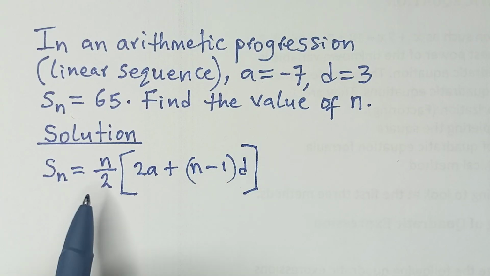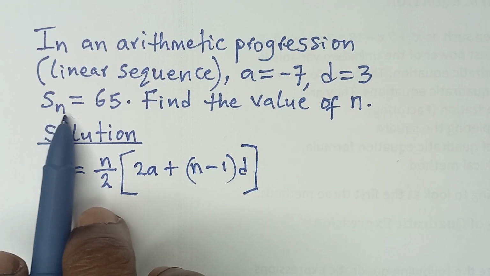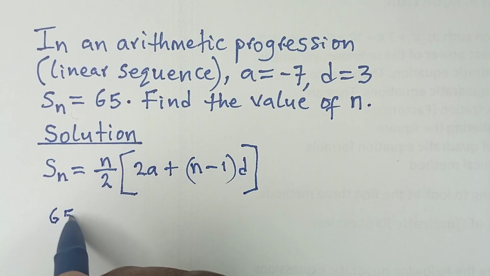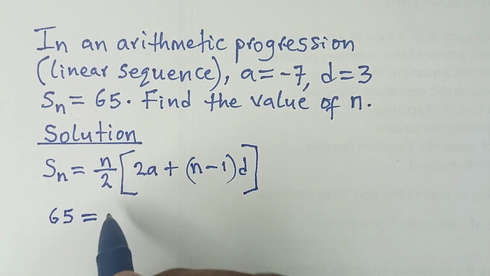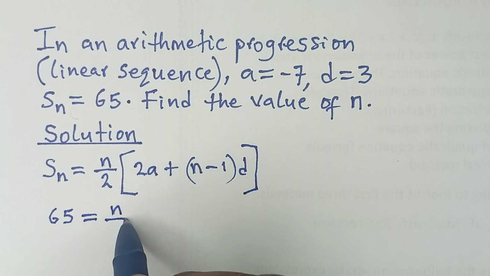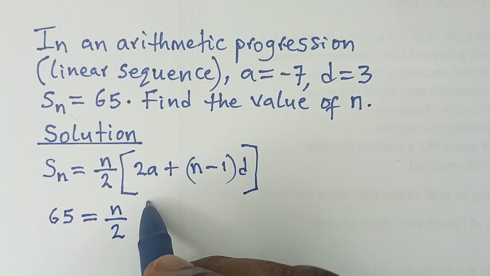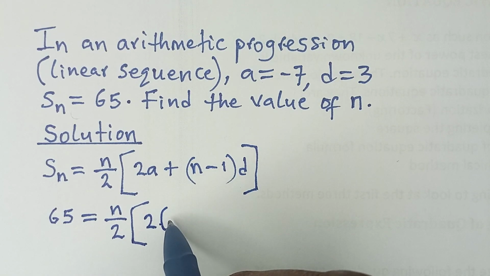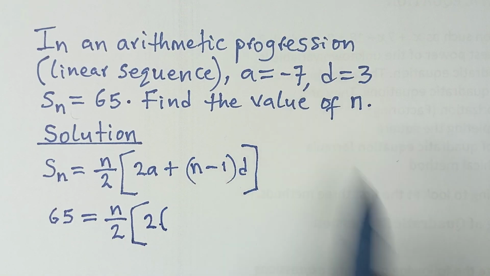So now let's substitute values. We are told from the question that S subscript n is 65. So I'm going to simply write 65 here, and that will be equal to n over 2, open bracket, 2 multiplied by a. A is the first term, which is -7, as seen from the question there.